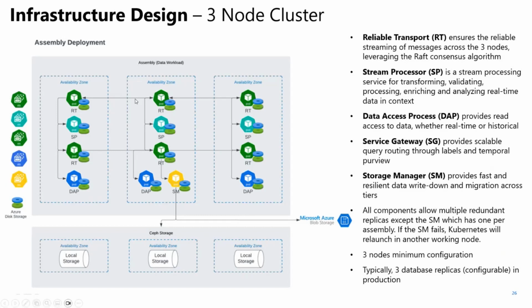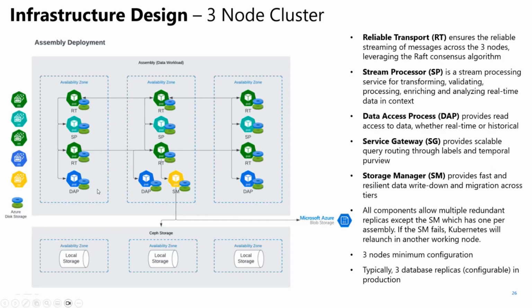This is the infrastructure design. I mentioned earlier, we typically deploy in a minimum of 3 nodes, split across 3 separate availability zones. Within each availability zone, you will have an RT, so that's the reliable transport, the stream processor, RT south again, and then the data access process.